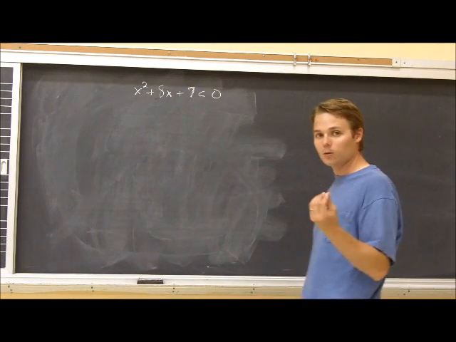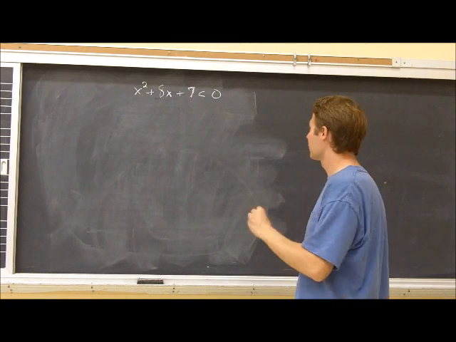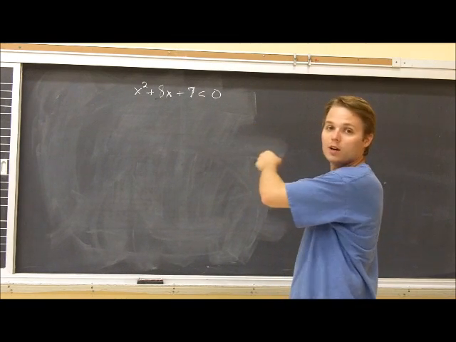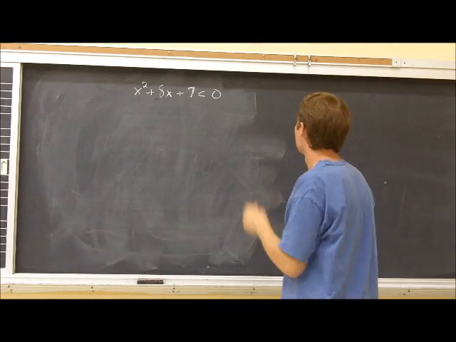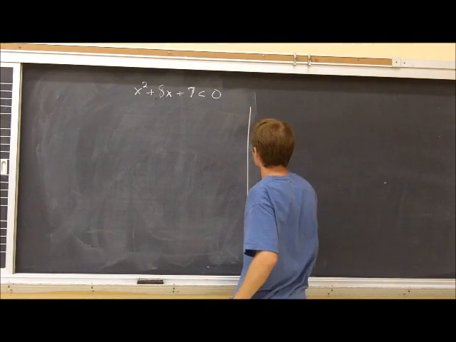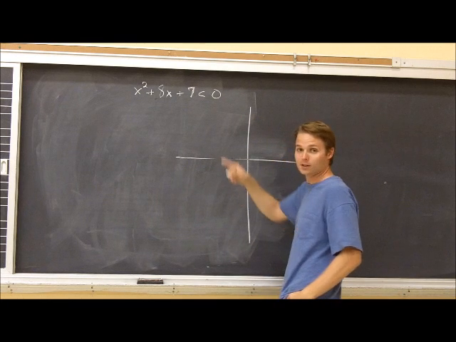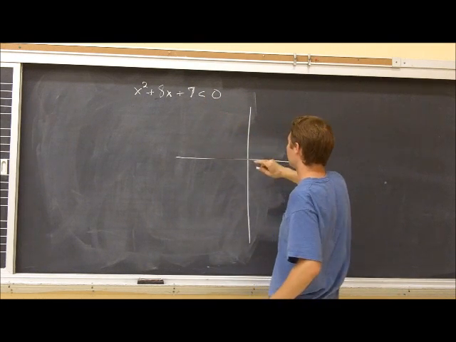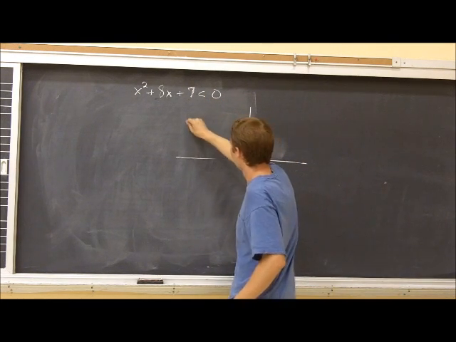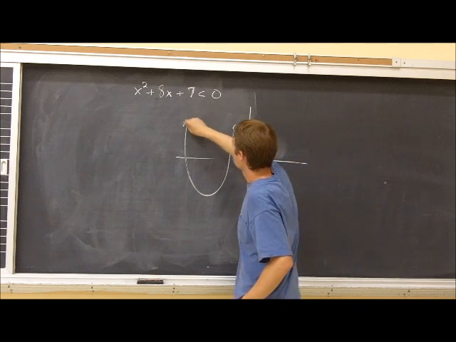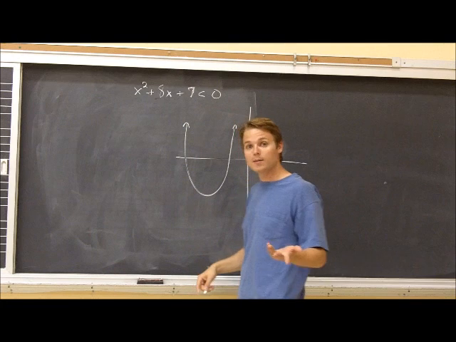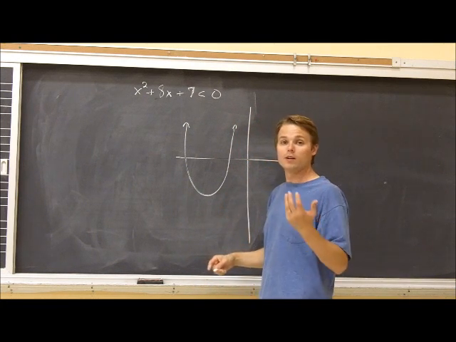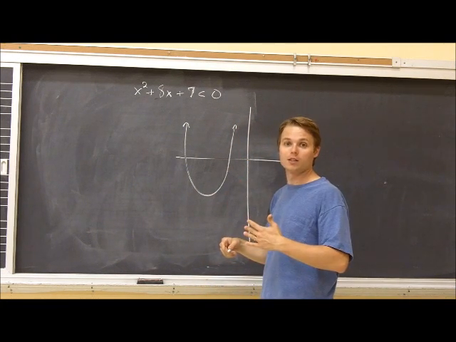Well, to think about how we would need to go about solving this, let's think about what it means to ask, where is this graph less than 0? If I have a quadratic, and I'm asking where this value is less than 0, that's the same thing as asking where is the y value less than 0, right?